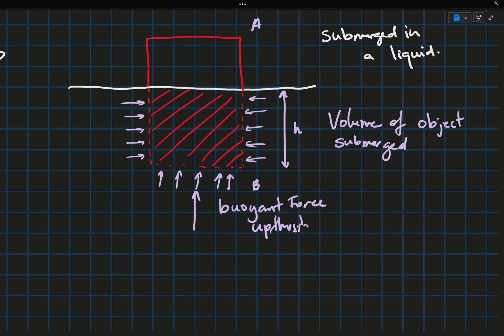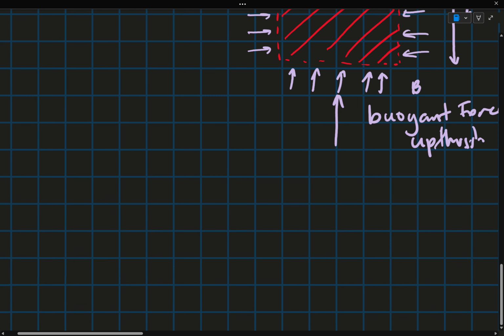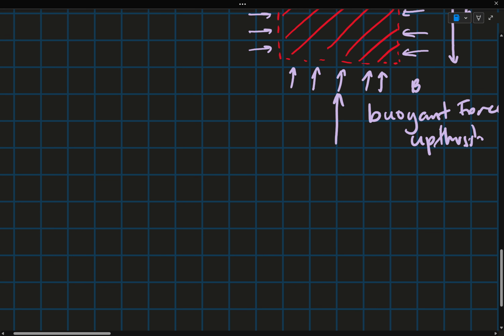The buoyant force on an object is equal to the amount of water displaced. That's an interesting take on Archimedes' principle. Would anybody like to add to that or improve anything there?